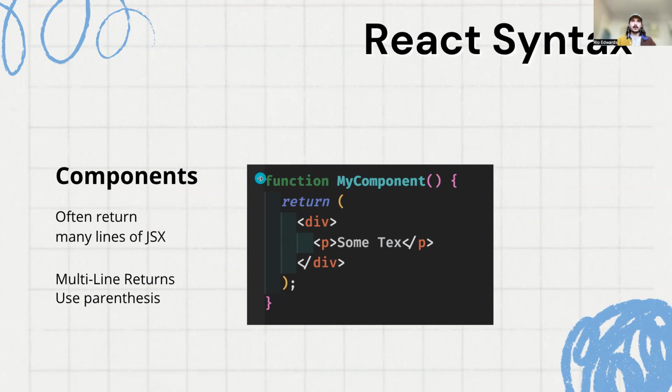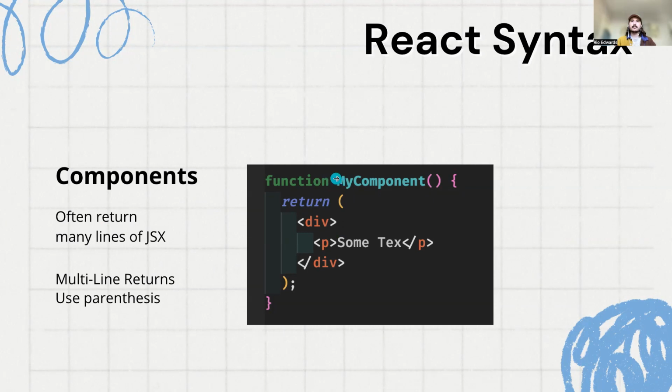So a component is a function in your React project. Each component will be in its own file, and it'll pretty much just be a normal JavaScript function. It always has to start with a capital letter. So it's not regular camel case.